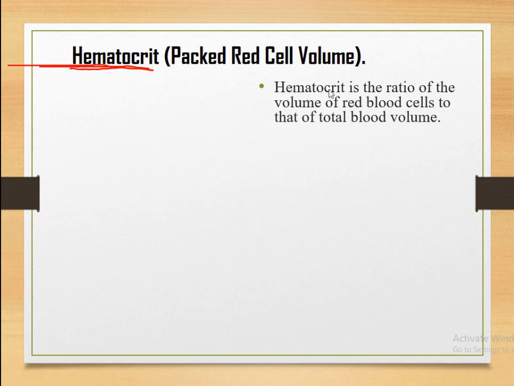When you talk of hematocrit, like I've said, it's just showing the ratio between the red blood cells and the total blood volume. So why is this important for a health student to know? This is important for you to understand diseases or conditions such as anemia, conditions such as polycythemia.